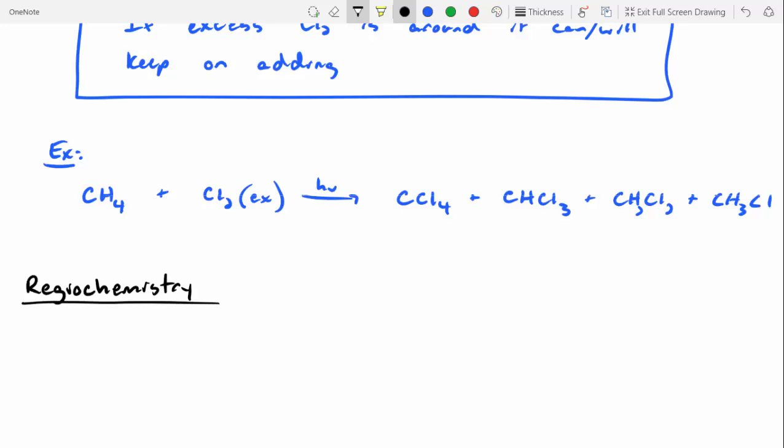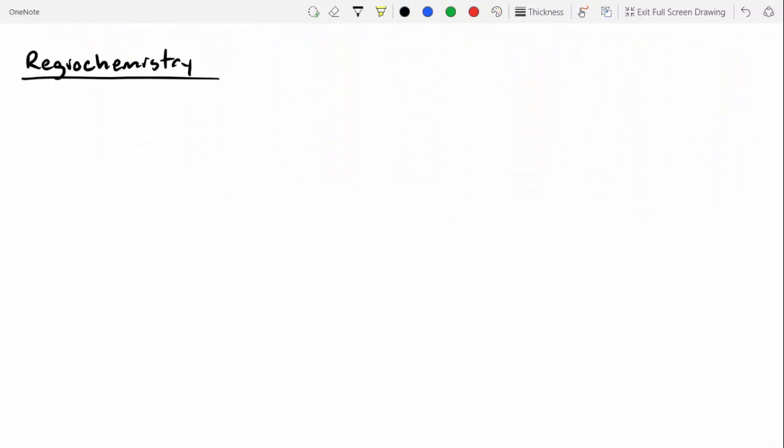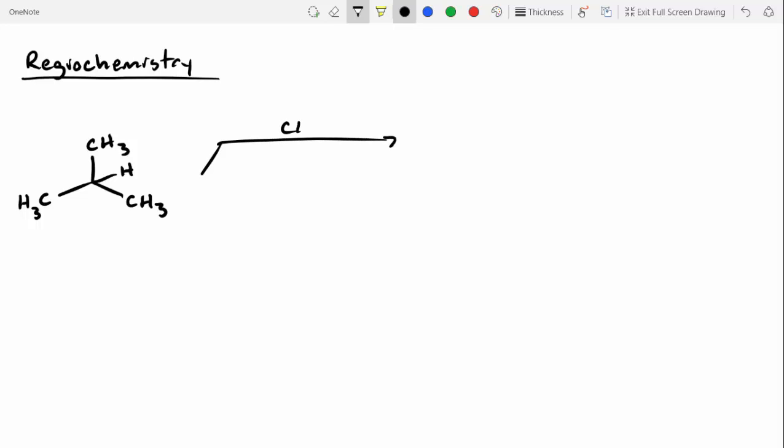With regiochemistry, we always have to ask ourselves, what position are things getting added to? Let's say I've got this starting material where I've got CH3s coming off here, here, and here. Let's say I do Cl2 and UV light.